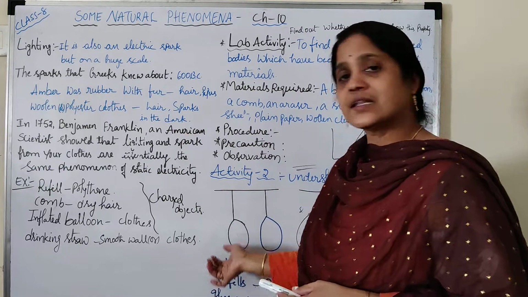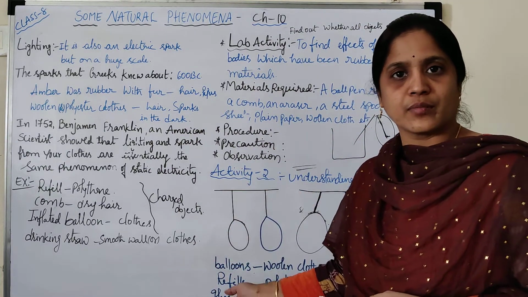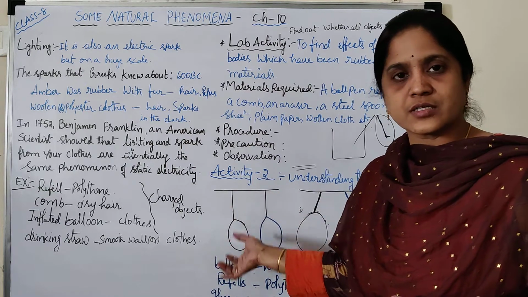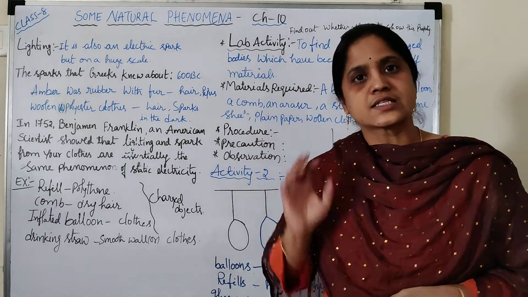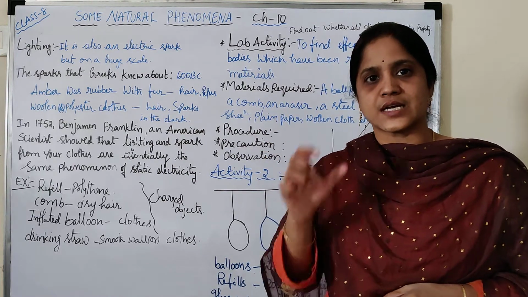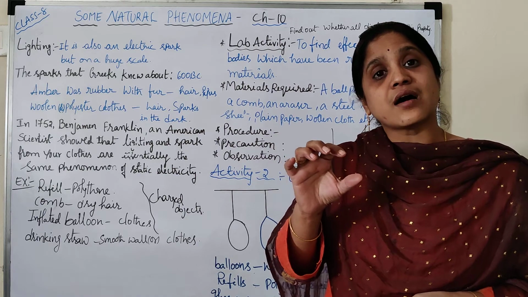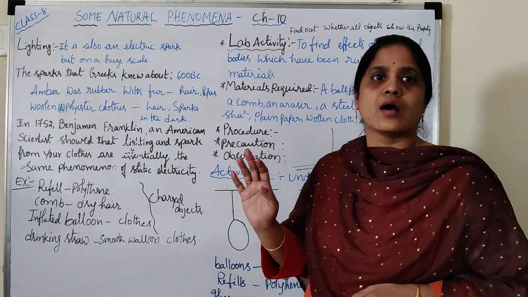Here you find the charges on the bodies only after rubbing. These types of charges are known as static charges. In static charges, the charges remain the same or stationary, meaning they do not move.